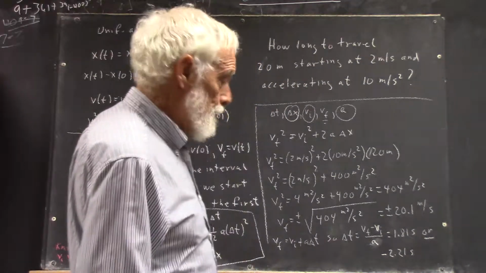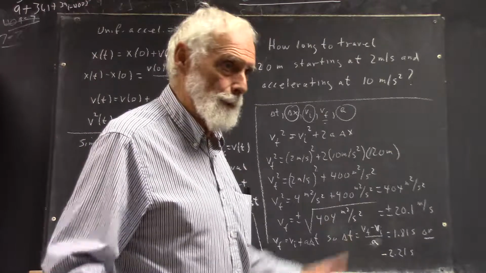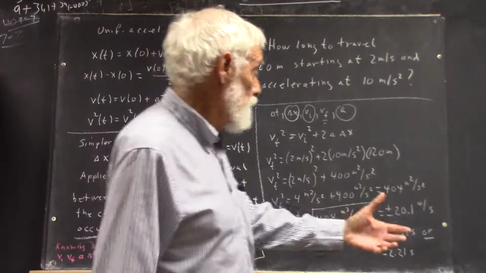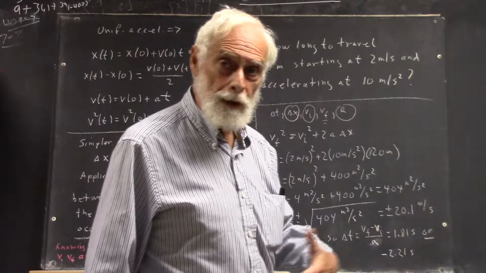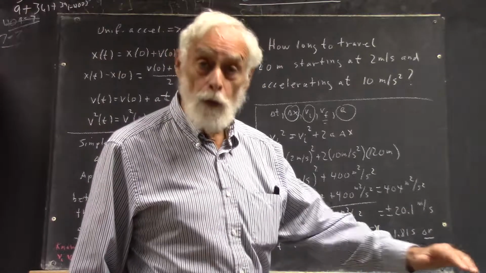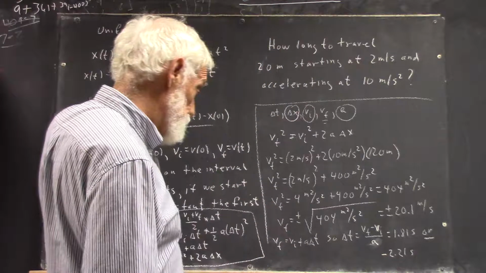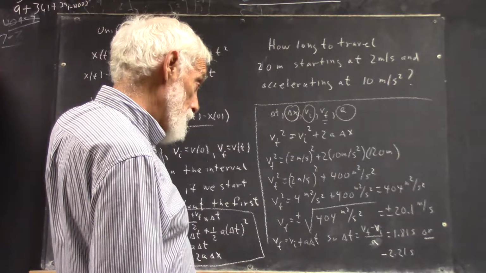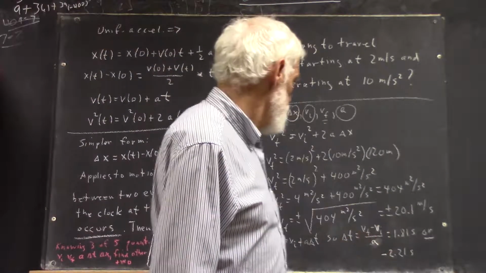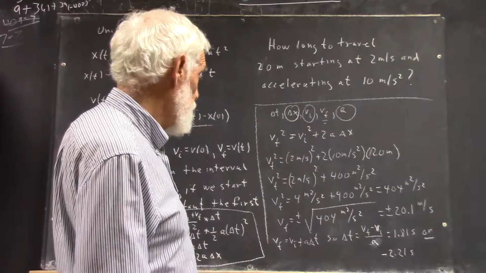Negative. Okay? Now, some people think you can't have negative time. Well, time starts when you start the dang clock. Okay? If it was accelerating at this rate for at least 2.21 seconds before you started the clock, then the final velocity could well be negative 20.1 meters per second.